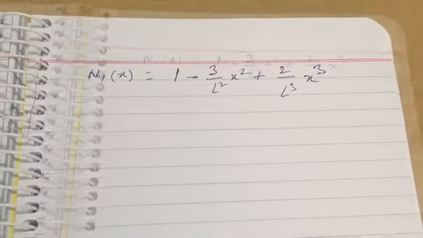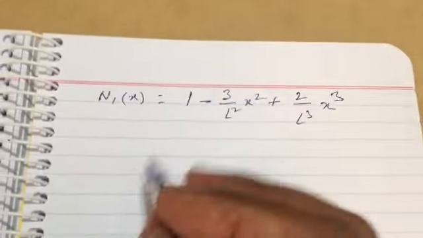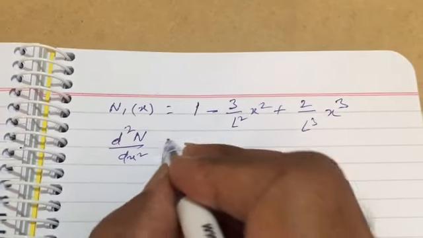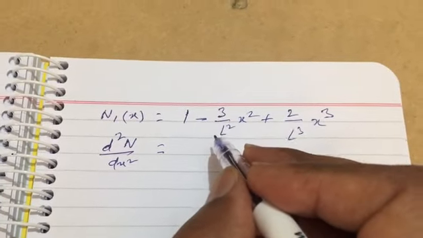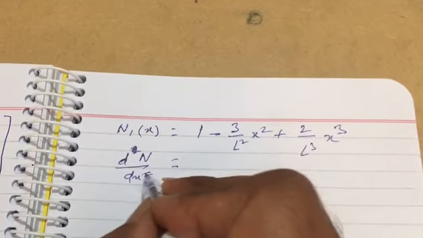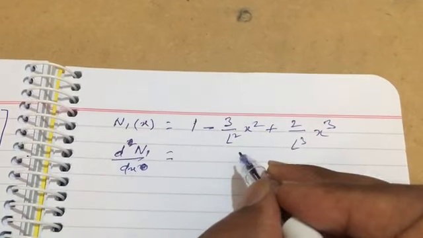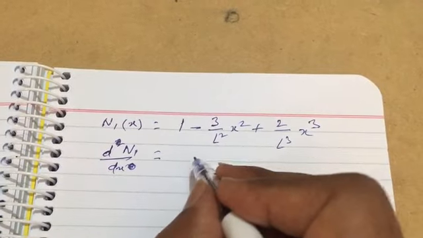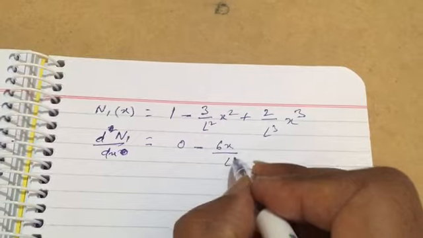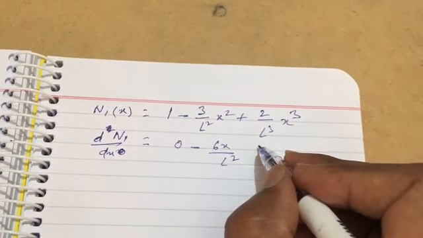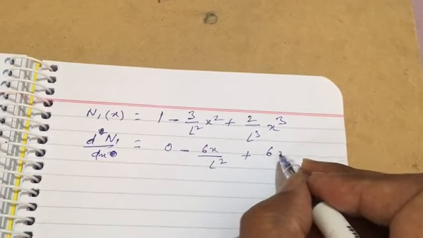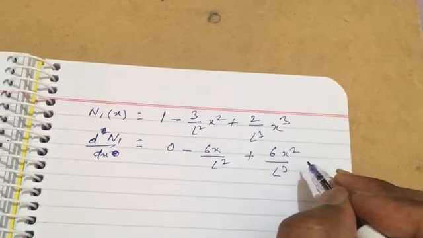Once we have that, we find dn over dx, which will be equal to 0 minus 6x over L square plus 6x square over L cube.